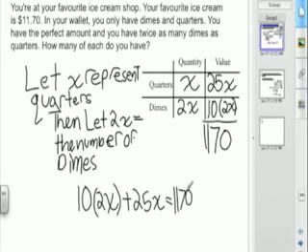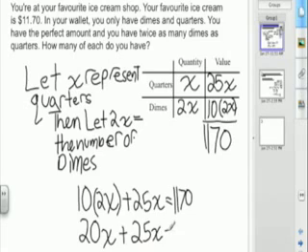Now let's use the distributive rule. So 10 times 2x equals 20x, plus 25x equals 1,170.